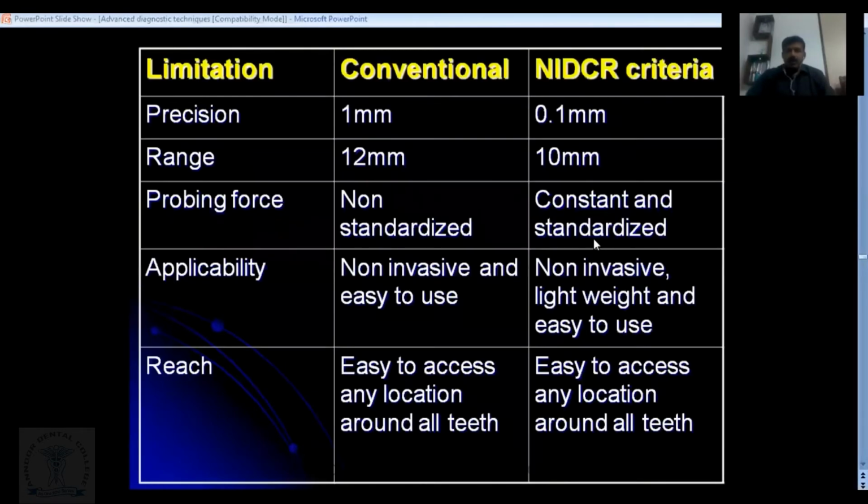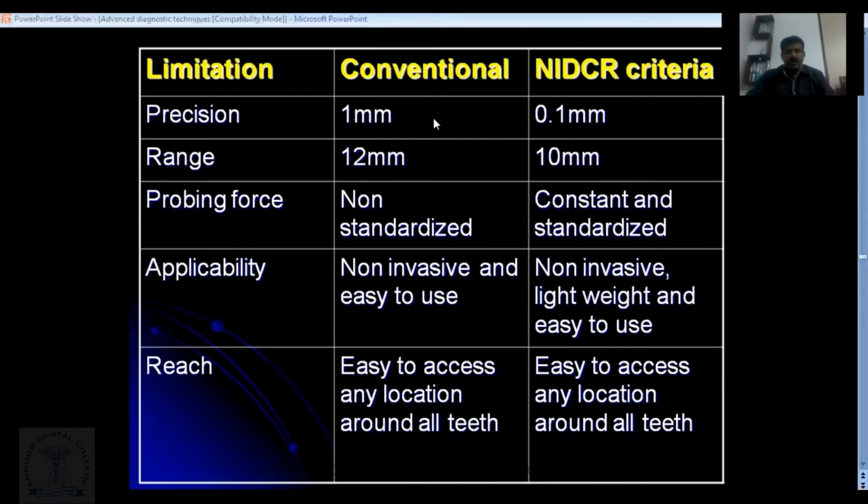Now, we have the conventional probes that we use now, and then we'll look at the NIDCR criteria. The first is precision. Most conventional probes have markings of 1 millimeter each. But NIDCR says they should have a precision of 0.1 millimeter.